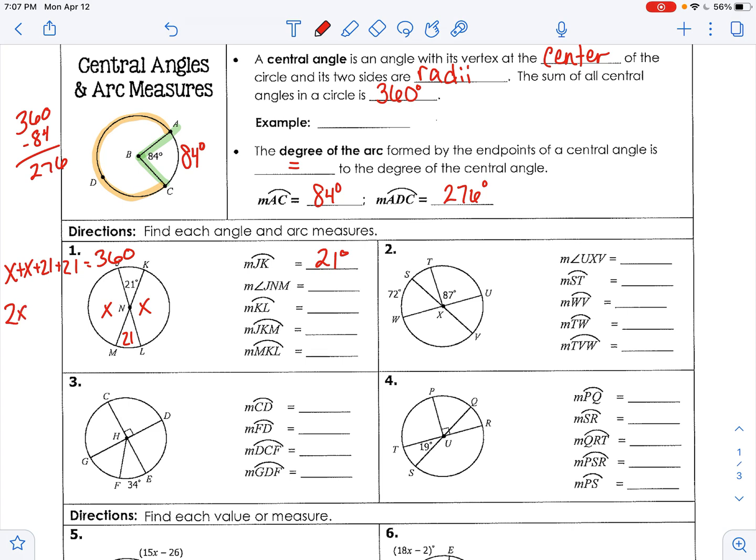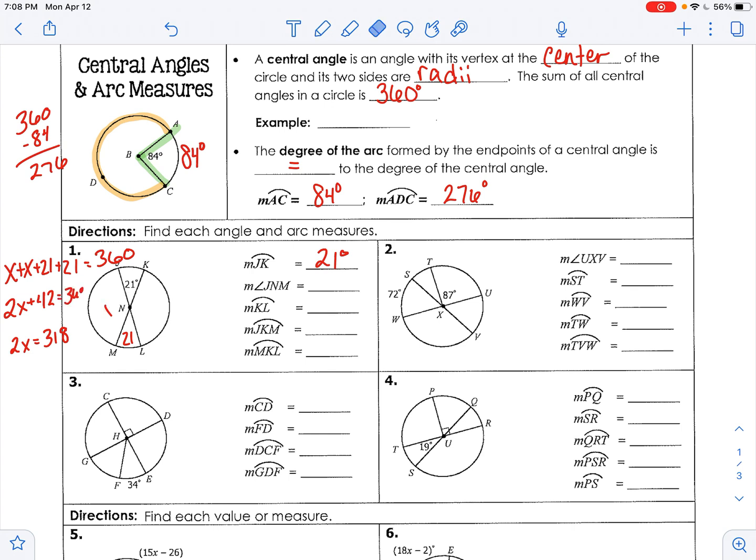So then 2x plus 42 equals 360, or 2x equals 318. And if 318 equals 2x, you can divide by 2, and you'll get the same thing.